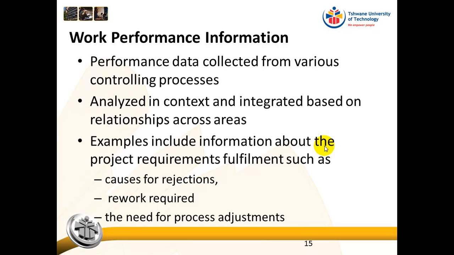So if, for example, in a software project, we've designed a GUI where you are able to input information into a database, we have to ensure that the database is actually accepting that data, and that the GUI is actually generating the data in the correct format. So examples include information about project requirements fulfillment, such as causes for rejection, rework required, and the need for process adjustments.